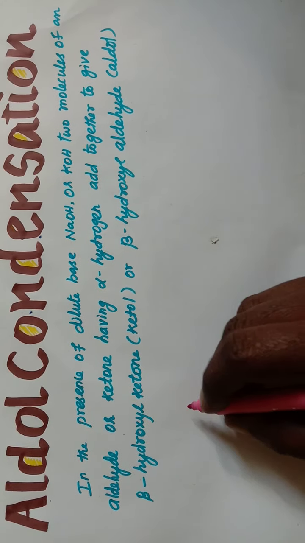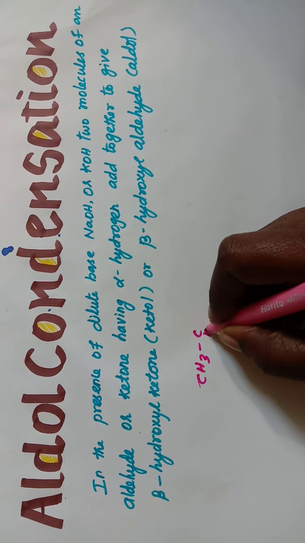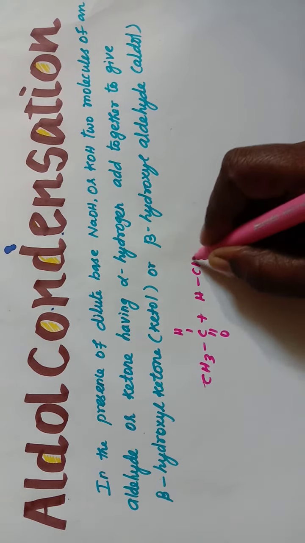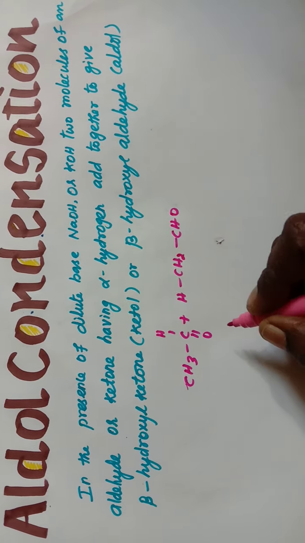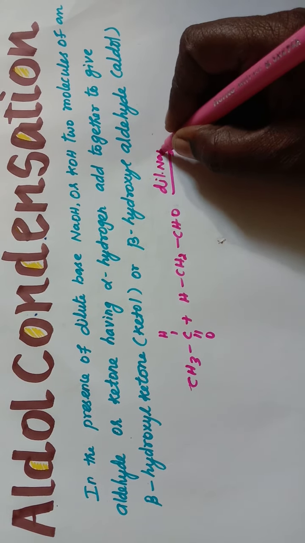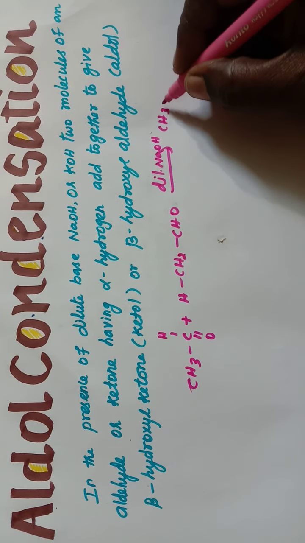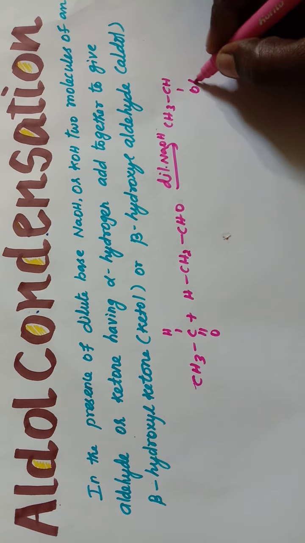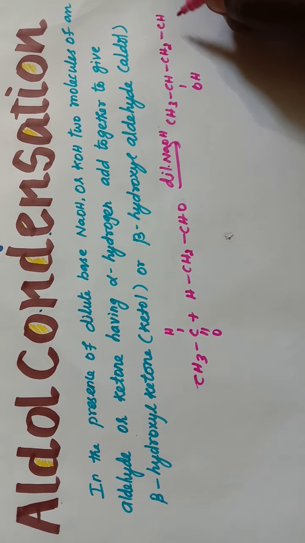For example, when two molecules of acetaldehyde, CH3 C double bond O, this is hydrogen, are added together in the presence of dilute alkali sodium hydroxide, it gives CH3 CH OH CH2 CHO.